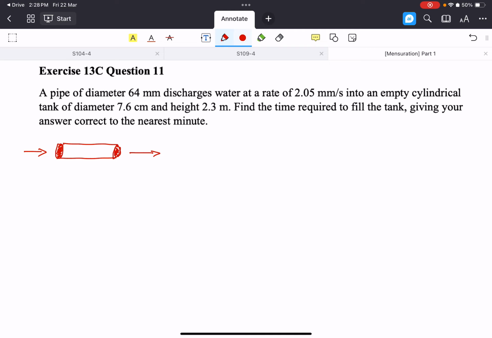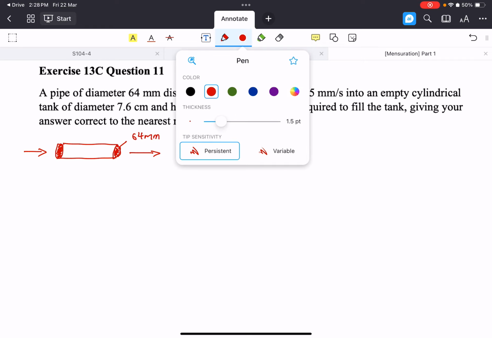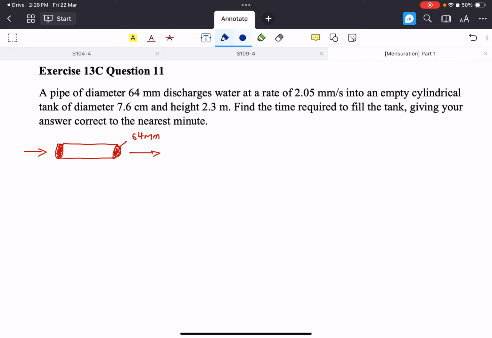And we know that the diameter is 64 mm. So with this, let's find the area, right? So the area of pipe, cross section. This will be pi r squared.